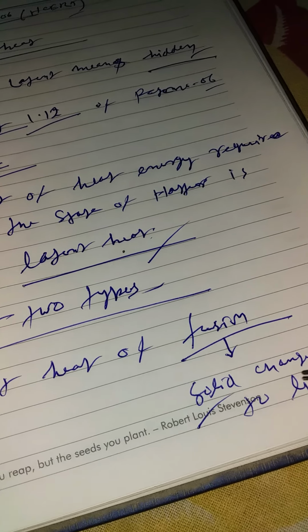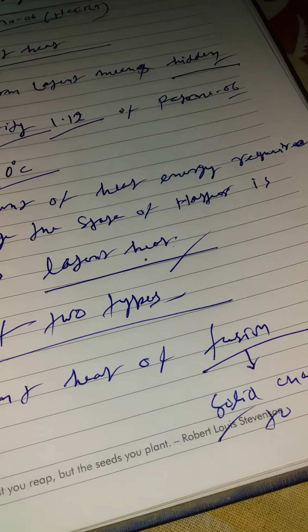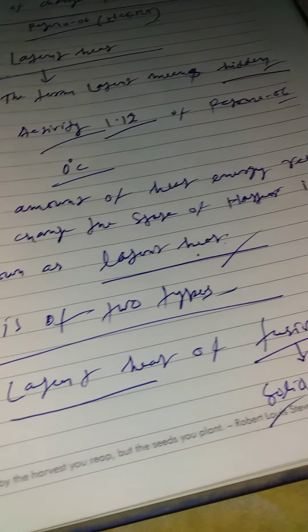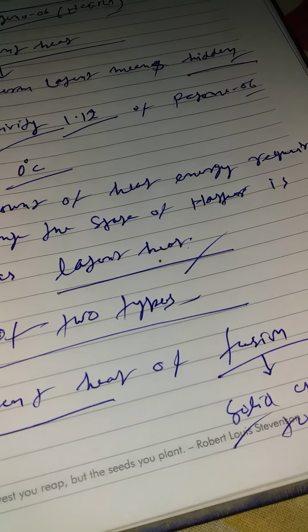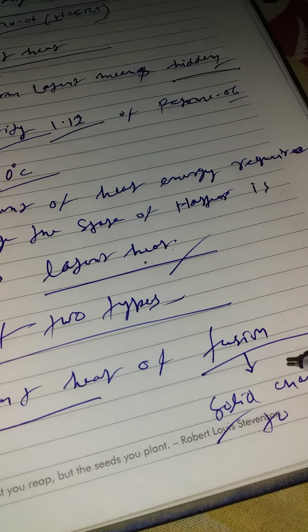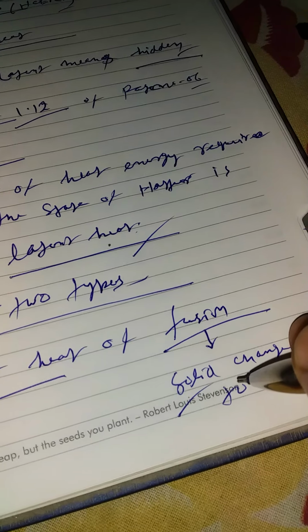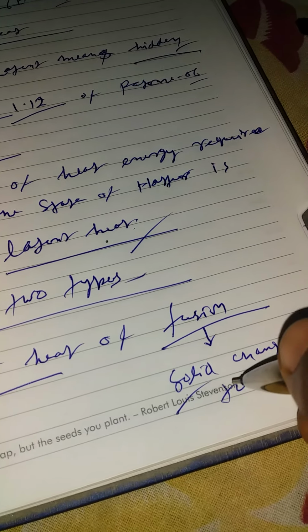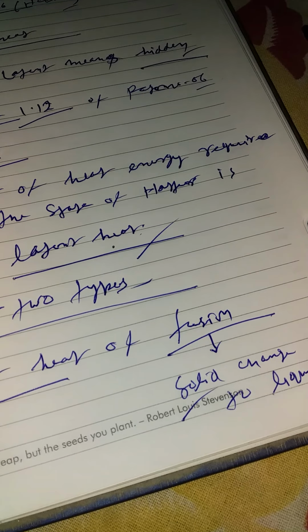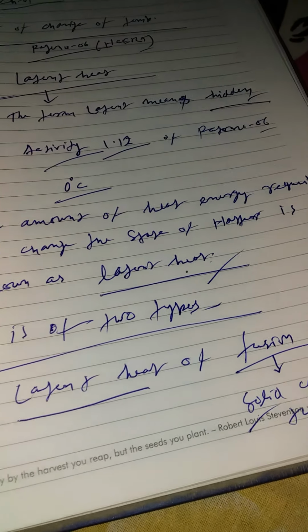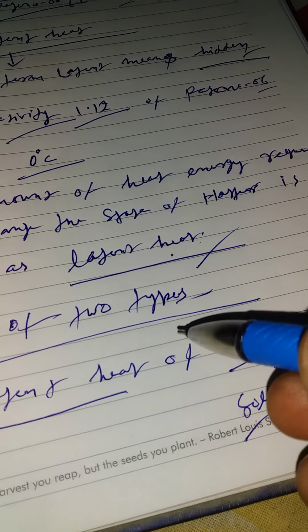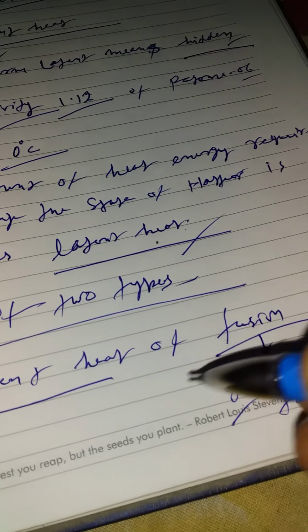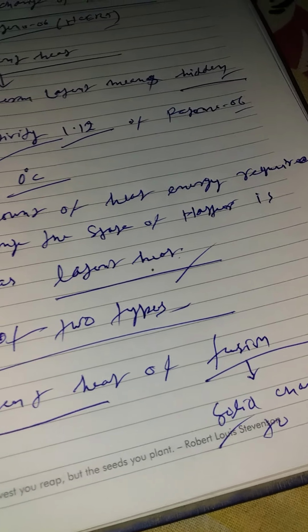And for fusion, what is its latent heat? We use the term latent heat of fusion, because hidden heat is required to change the solid into liquid. Therefore the first type of latent heat is latent heat of fusion.